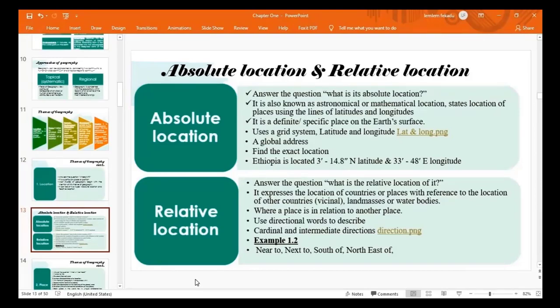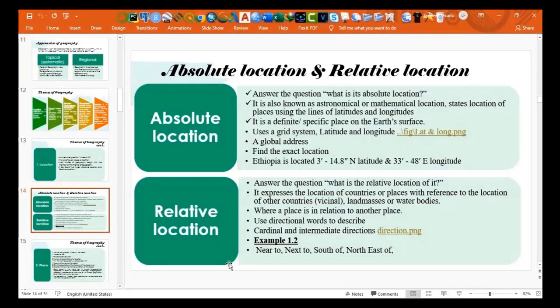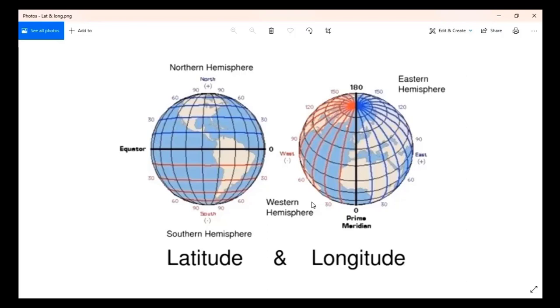The absolute location is also known as the astronomical or mathematical location. It states the location of places using the lines of latitude and longitude. Latitudes are lines that run parallel to the equator.